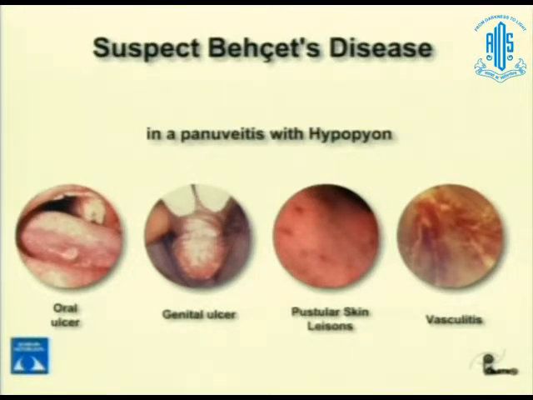So, suspect Behçet disease if you have the following features also: oral ulcer, genital ulcer, pustular skin lesion, and vasculitis. Remember, the same kind of pustular skin lesion can be seen in patients with prolonged oral steroid therapy also.